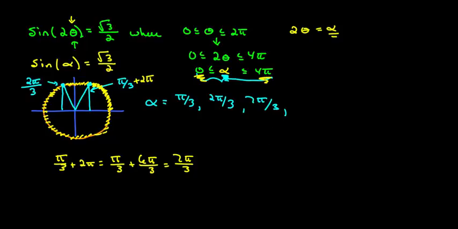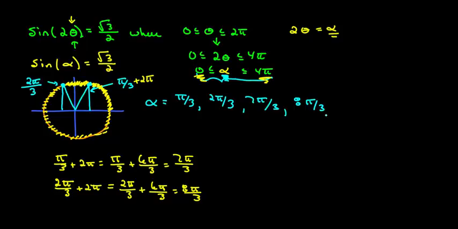Then if we keep walking even further, we have 2 pi over 3 plus a rotation, which gives us 8 pi over 3. So those are my alpha values.